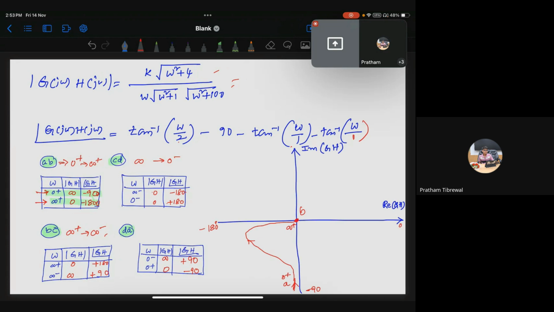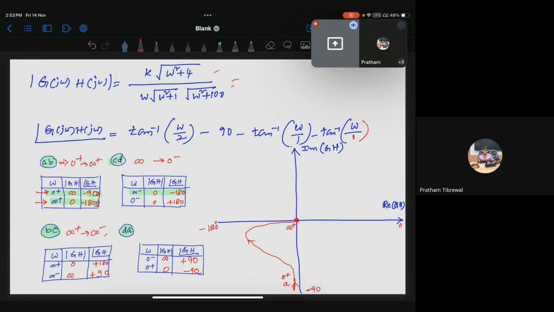Next, it starts at 0 with minus 180. This means this point only. Let me write it here.